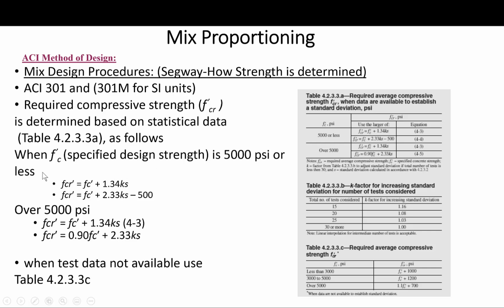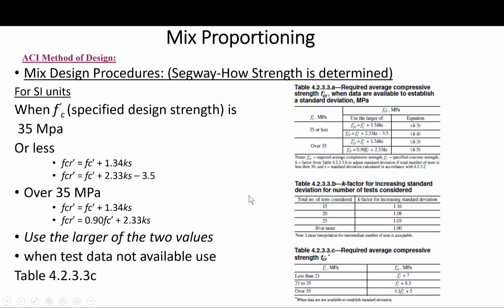So when the specified design strength f'c is 5,000 psi or less, these two formulas are used in order to get the required design strength. For over 5,000 psi, these are the equations. When we don't have test data available, we use table 4.2.3.3(c) from ACI 301.